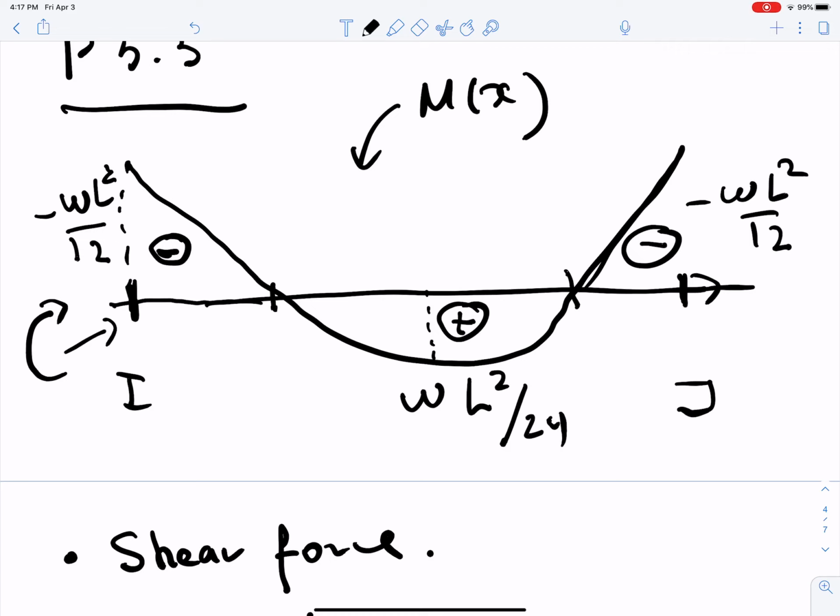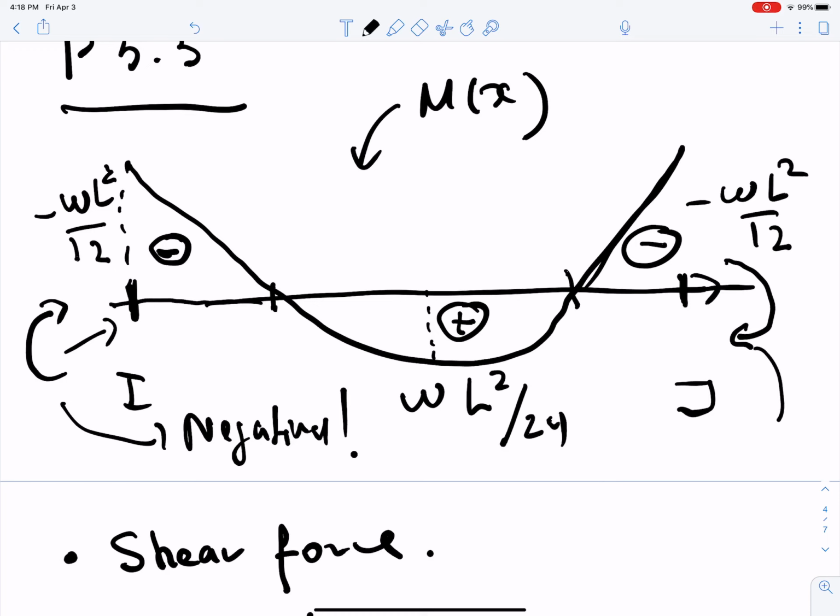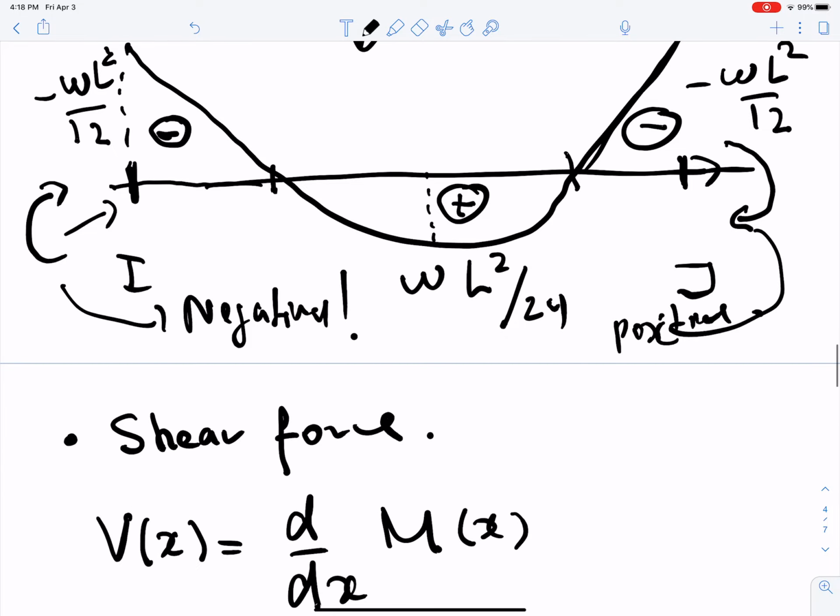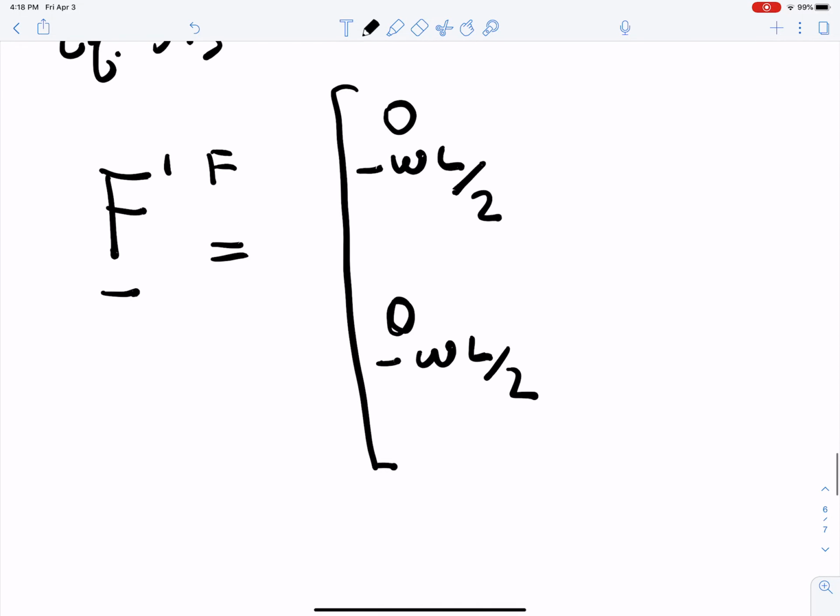Clockwise, okay? So clockwise means negative. I go here, and in order to produce the negative curvature, I need to apply a moment that's counterclockwise. Okay, and the counterclockwise is positive. It's a little tricky, but once you go through it once or twice, it becomes more clear.